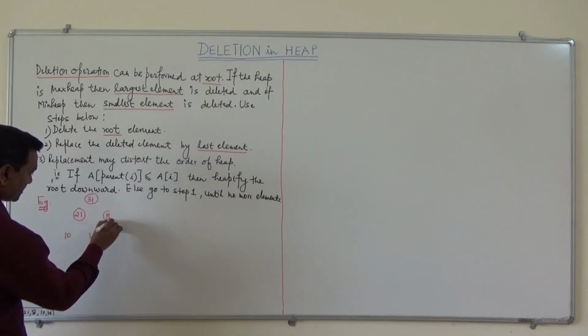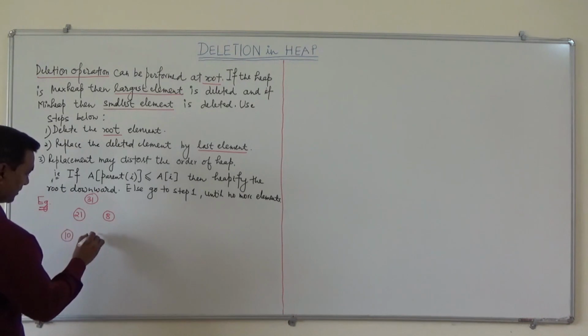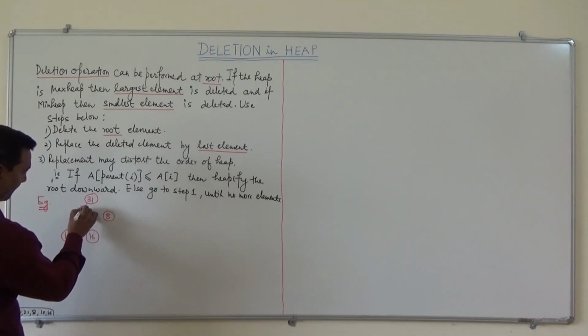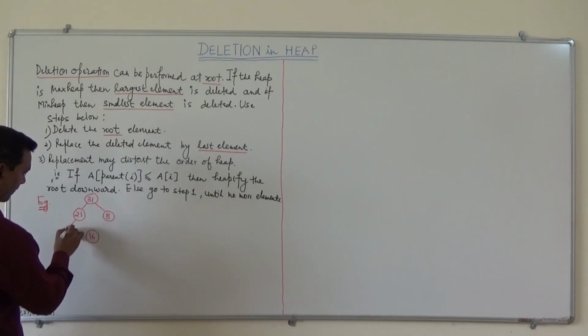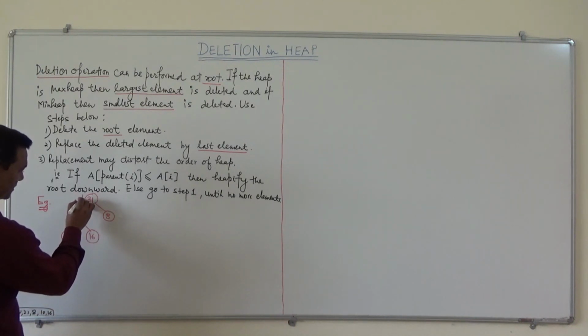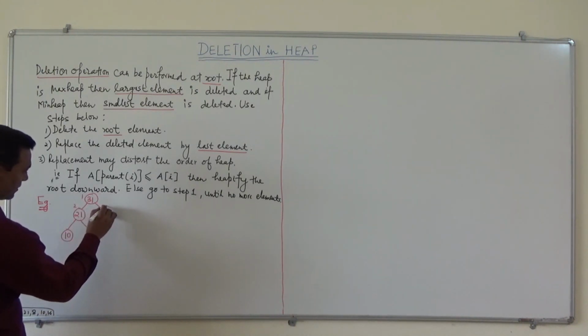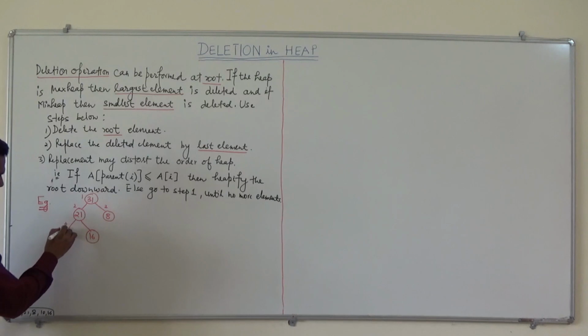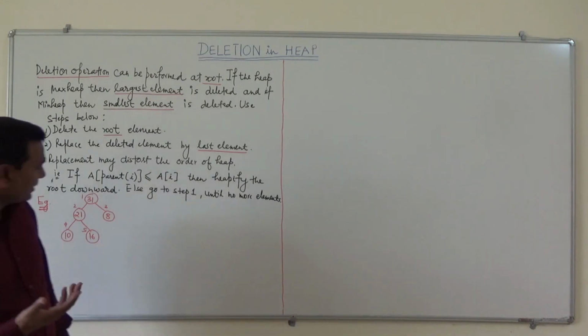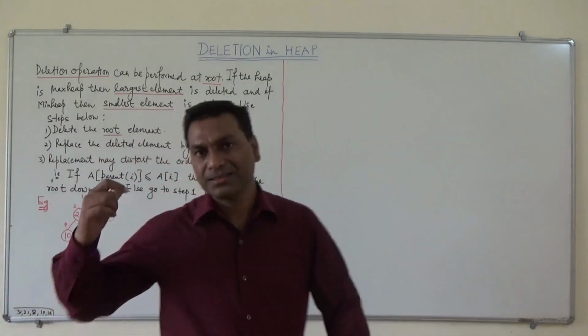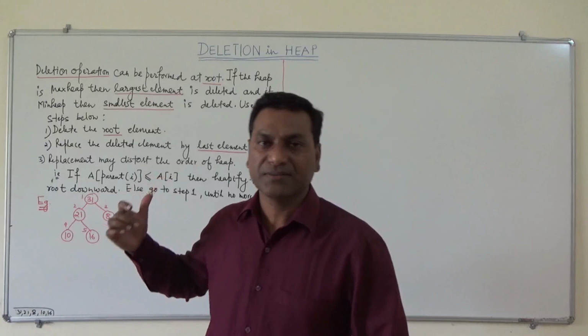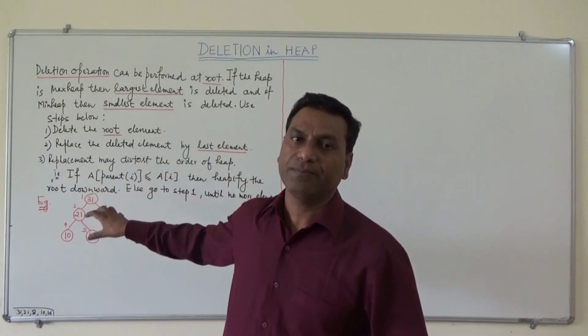These are the elements of a heap. This is first, second, third, fourth and fifth. Now we will apply these steps, this procedure on this particular heap.